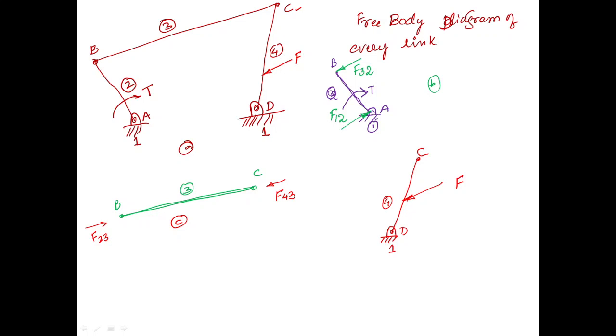On this link 4, how many forces are you going to get here? You are going to get 3 forces. F is the external force which is acting on member 4, so you may know its direction as well as magnitude.